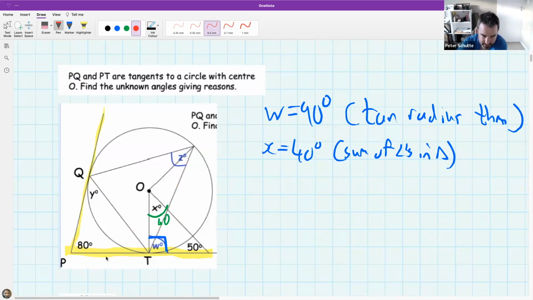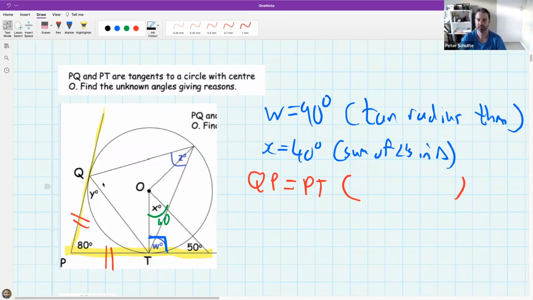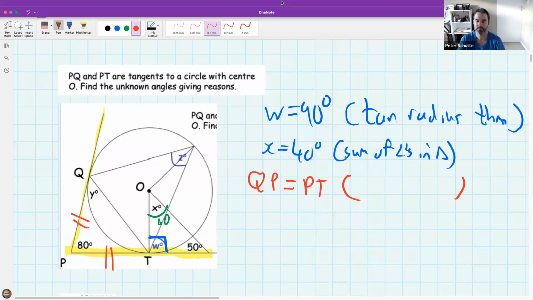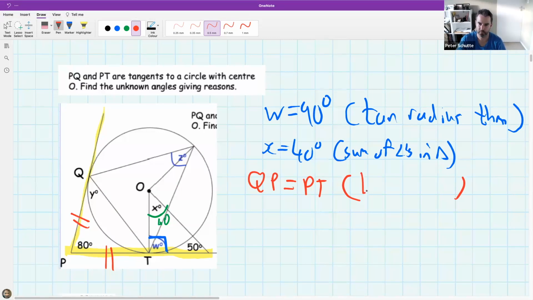Okay, Humelo has said QP equals PT. Okay, what is the reason that QP equals PT? I need a reason from someone to say why I think these two sides are equal. Tangents from a common point.